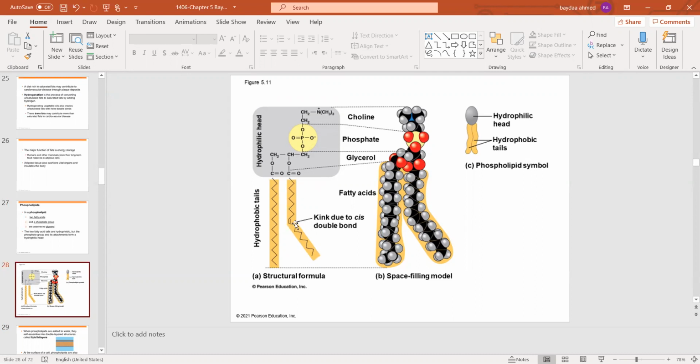One of them has a kink due to a cis double bond between two carbons. The third carbon of the glycerol is attached to a phosphate group, which has a negative charge in the cell, and then an additional charged group or polar molecule is also linked to the phosphate group. We call it choline.